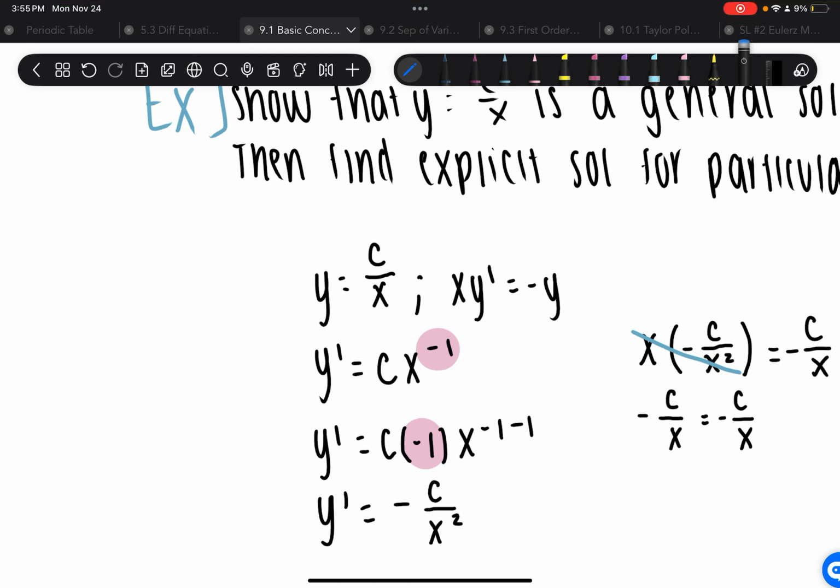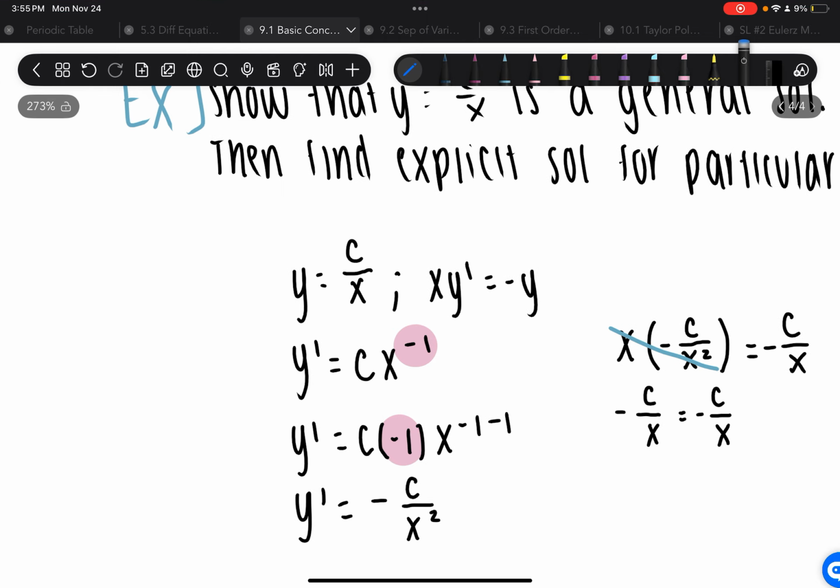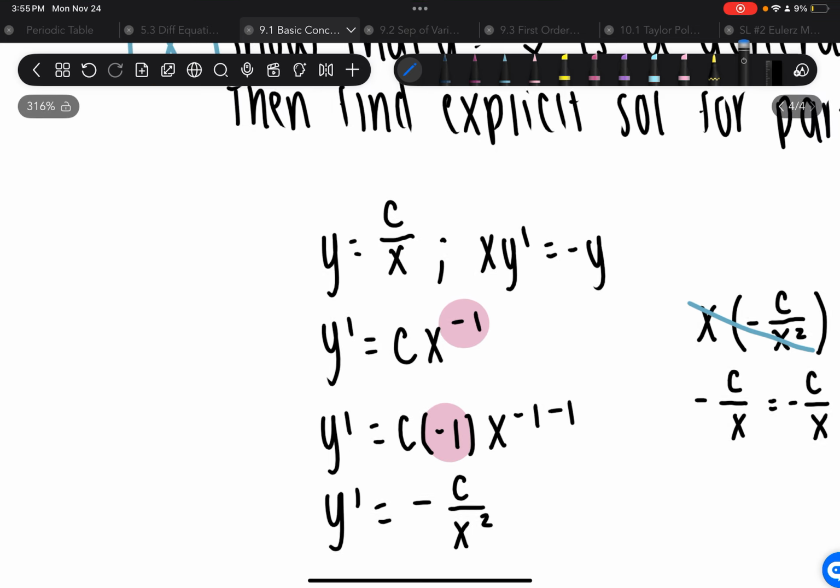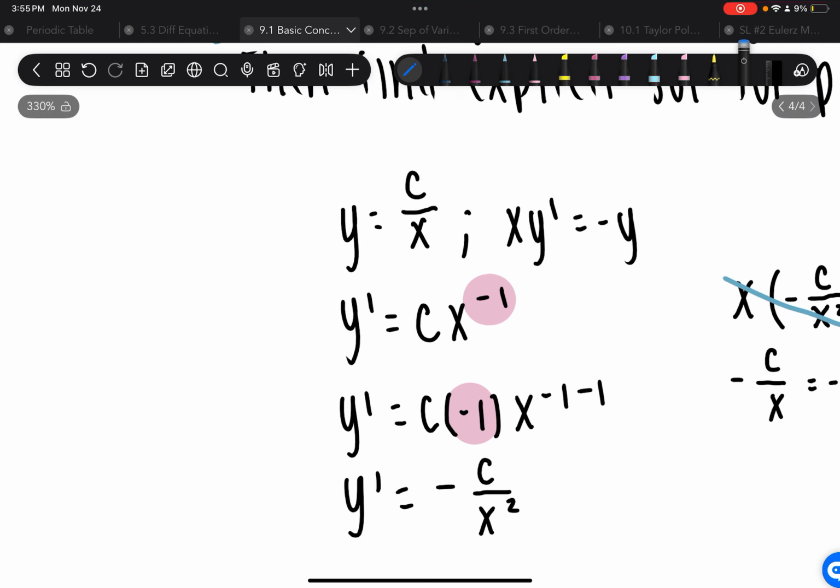We want to essentially set these equal to each other and see if they're the same value. So the first thing I'm going to do is find the derivative of y equals c over x, because I have a y prime in my differential equation.